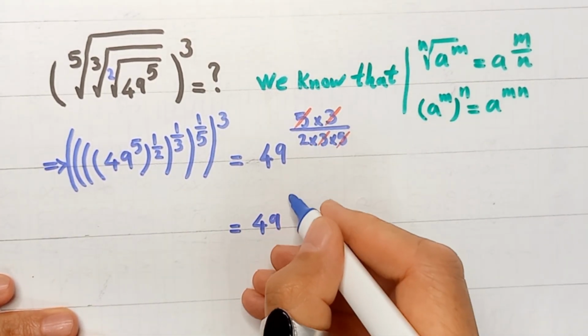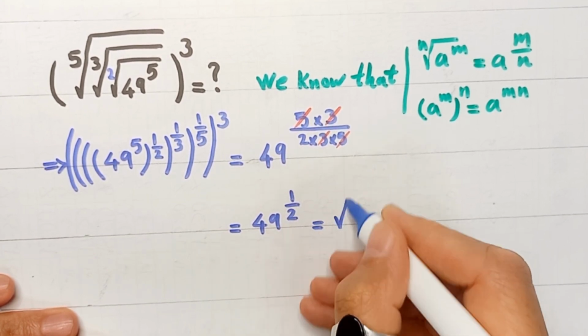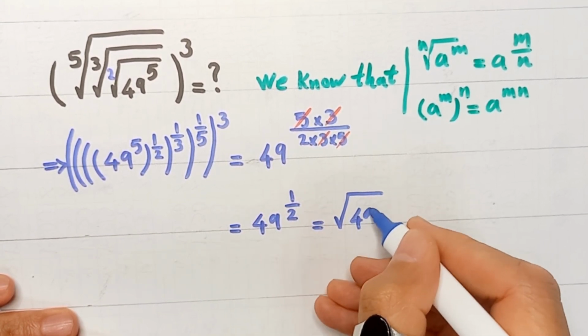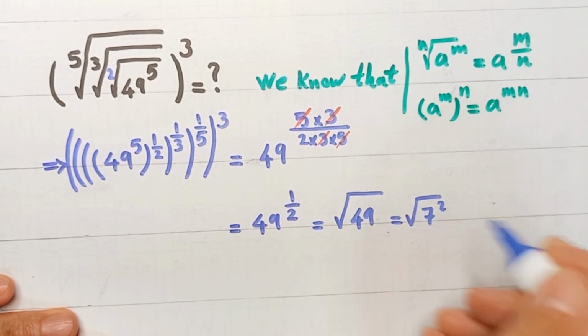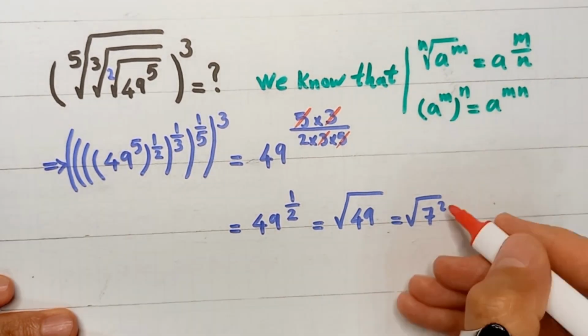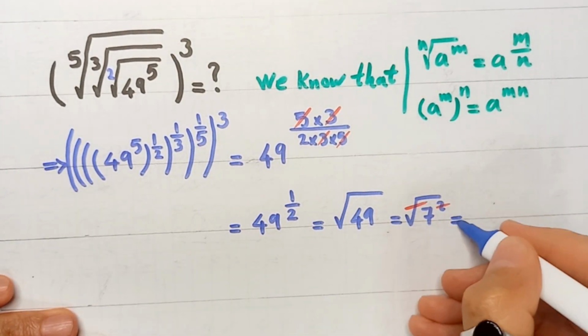Simplify again. 49 to the power of 1 half. Therefore, the final answer is 7.